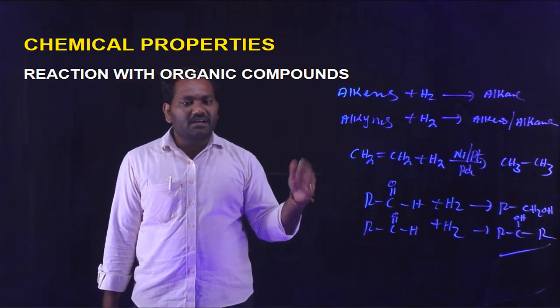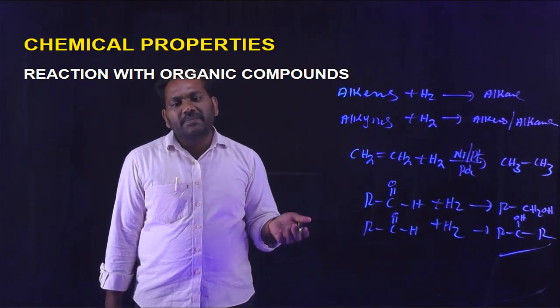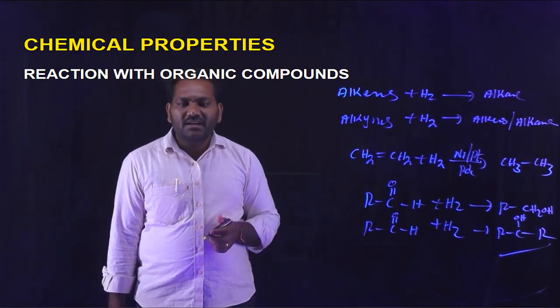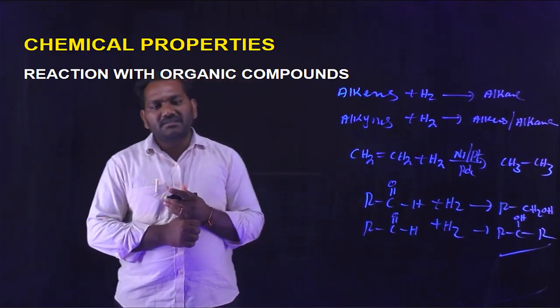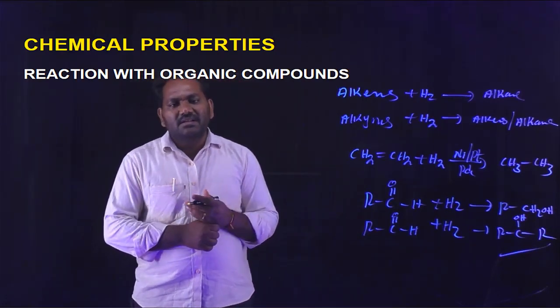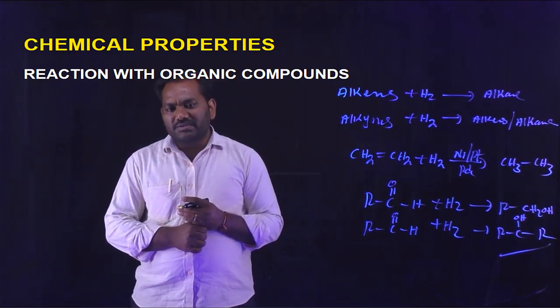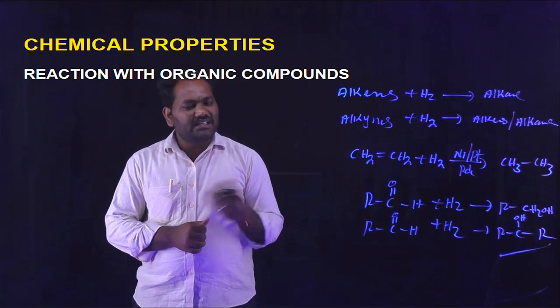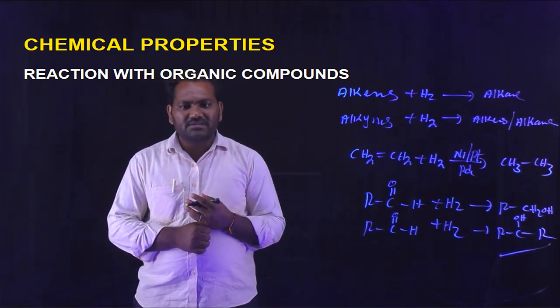If you take any aldehyde, it gives a primary alcohol. If you take any ketone, it gives a secondary alcohol. This is the best method for the preparation of primary and secondary alcohols. Like that, dihydrogen also reacts with organic compounds. Cyanides and some double bonded compounds also react with dihydrogen. Okay, clear?